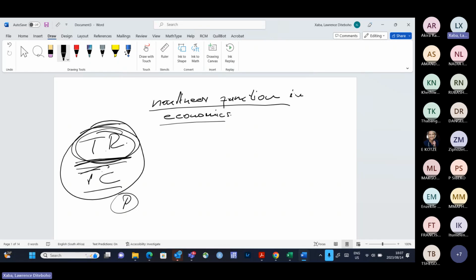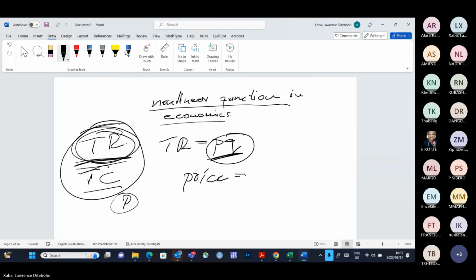Total revenue, mathematically, the equation of total revenue is equal to PQ, and we are still familiar with PQ. P and Q are still the same symbols that we use when we're doing a linear function. P still represents price, Q still represents our quantity.